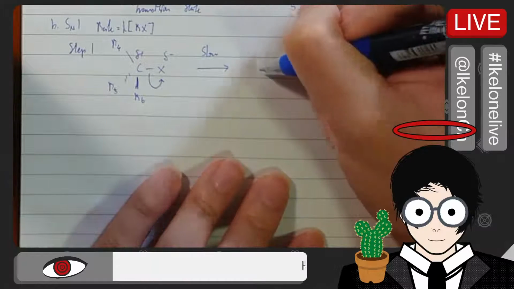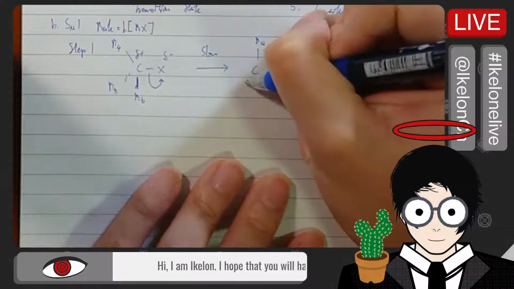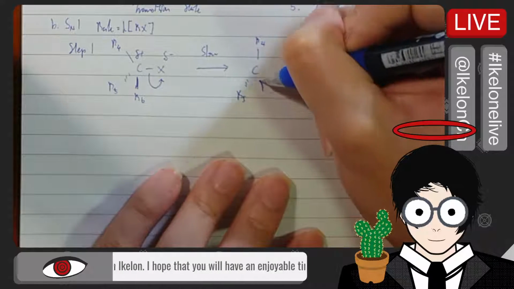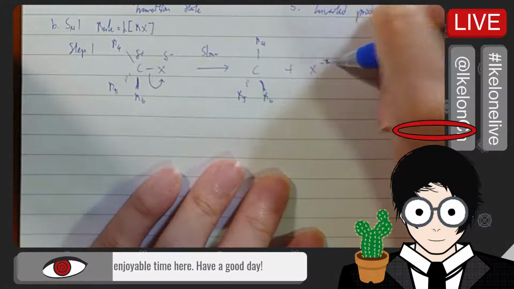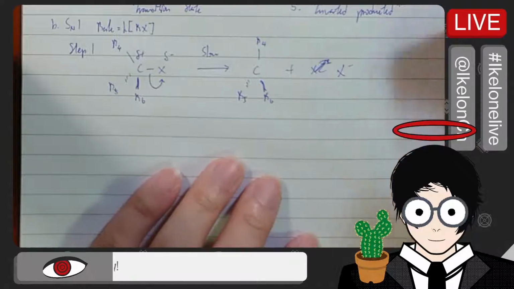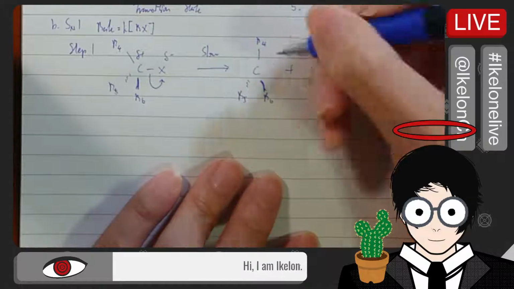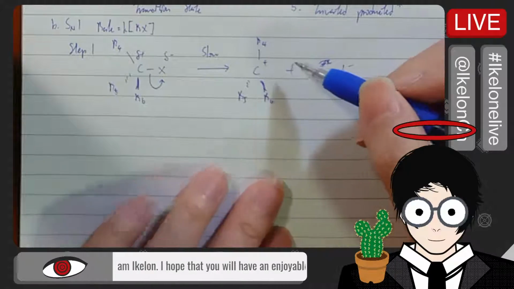It's a slow step, so it's a breaking of the bond. And what results is just X minus. The bond breaks, and I formed the plus charge. So you get the X minus ion and this thing.